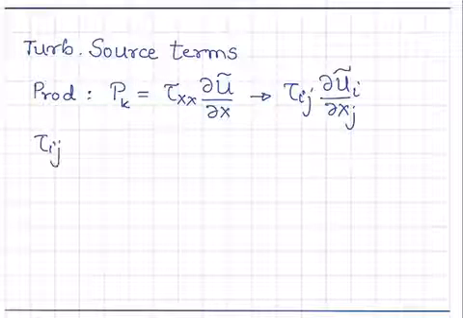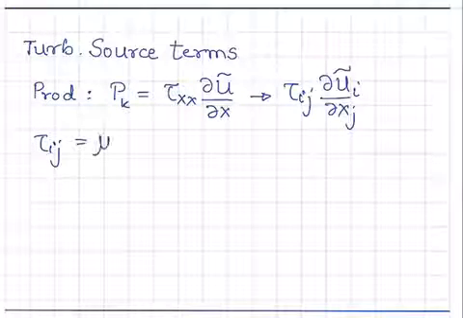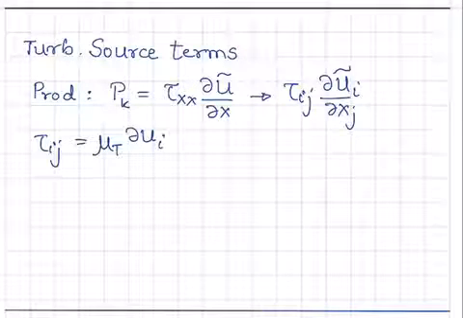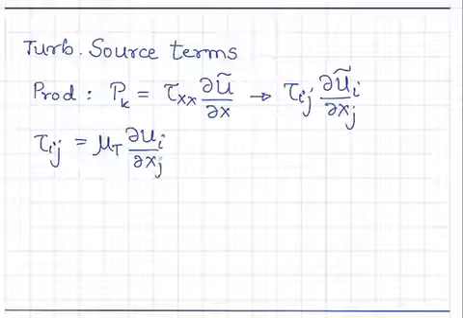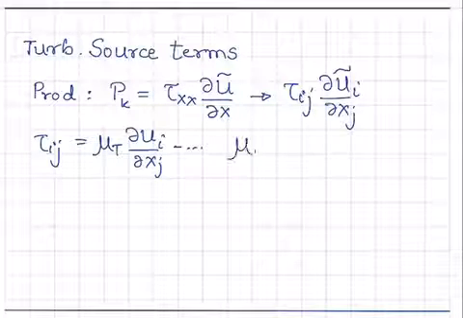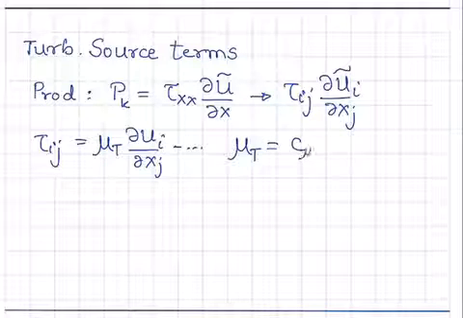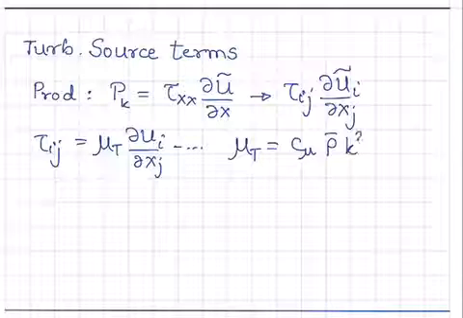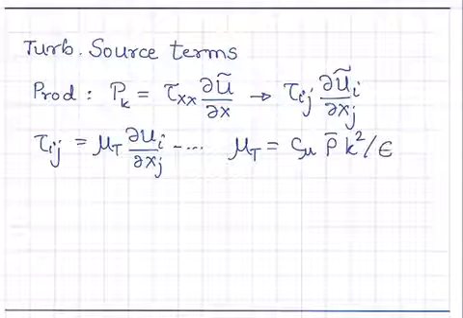Tau_ij is mu_t times du_i/dx_j and similar terms. Mu_t is C_mu, a model constant or parameter, times rho k squared over epsilon.